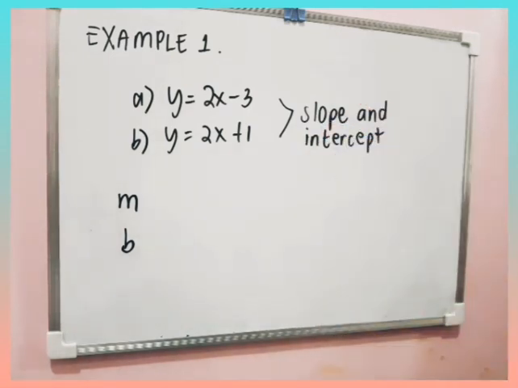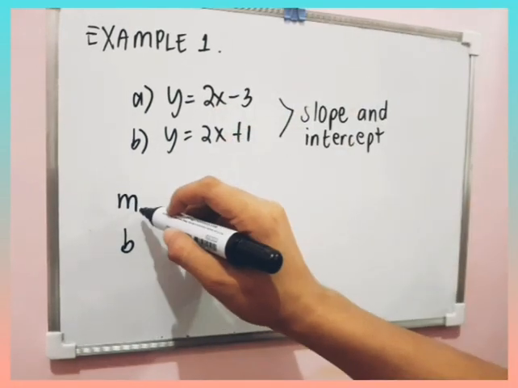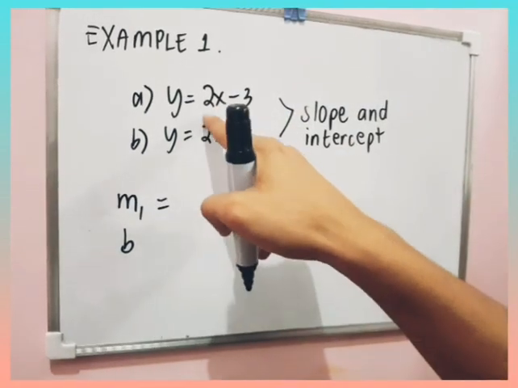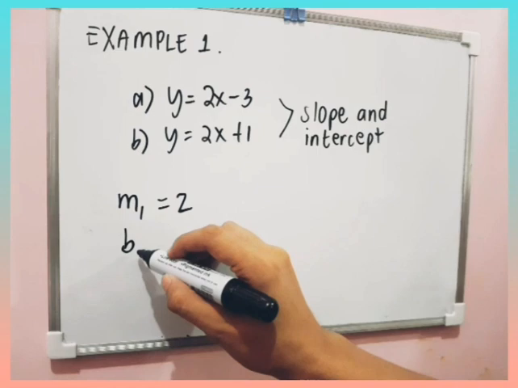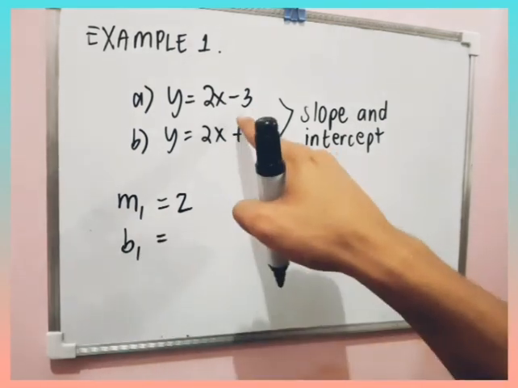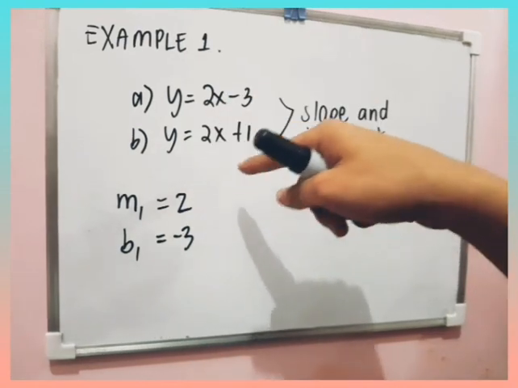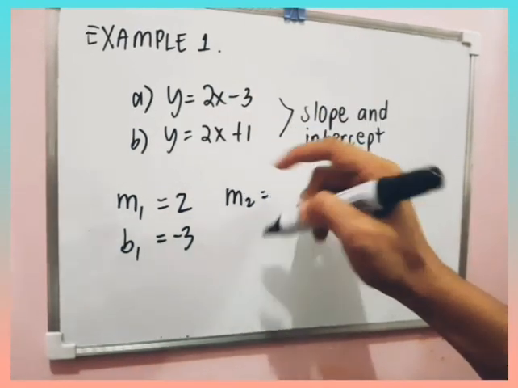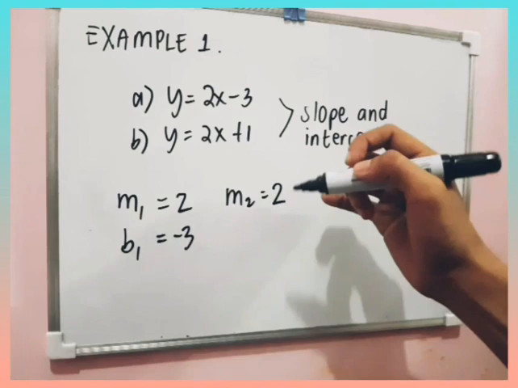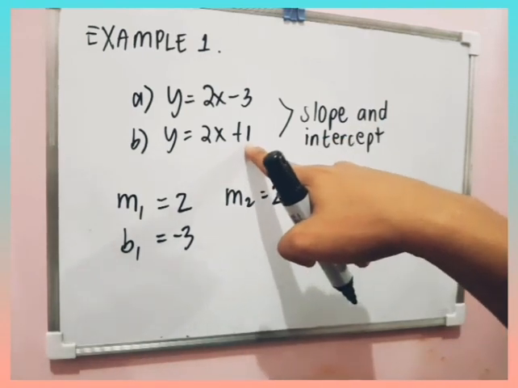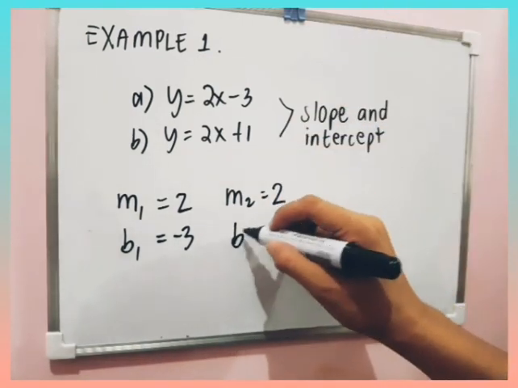So first, we have to identify the slope and the y-intercept of the first equation. So our first slope is 2 and our first y-intercept is negative 3. Our second slope is 2 as well, and our y-intercept is positive 1.